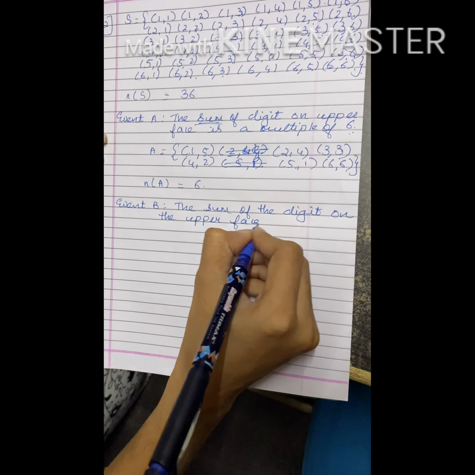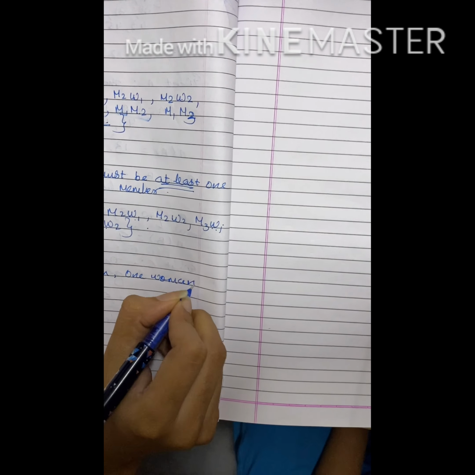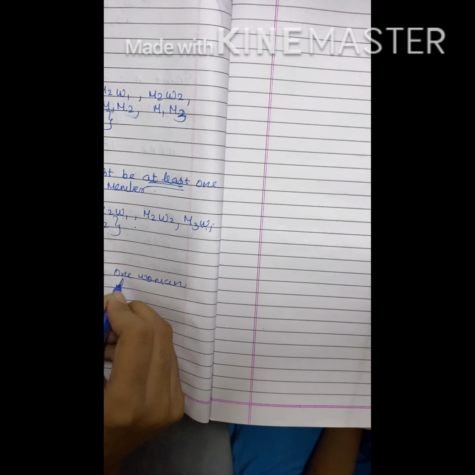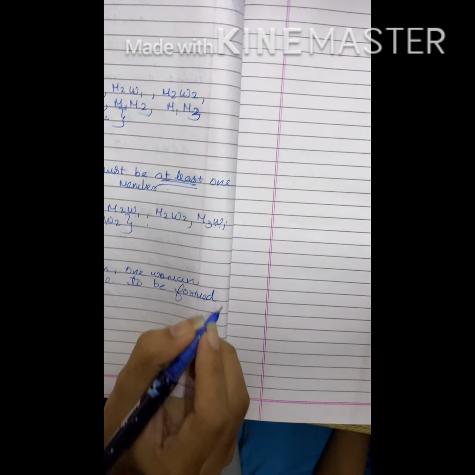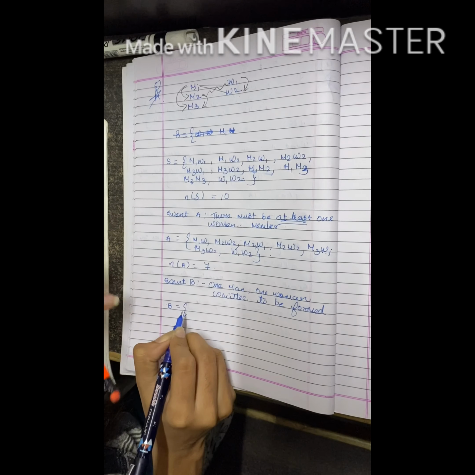Now next event B, one man, one woman committee to be formed. One man and one woman means compulsory one man and one woman should be present.